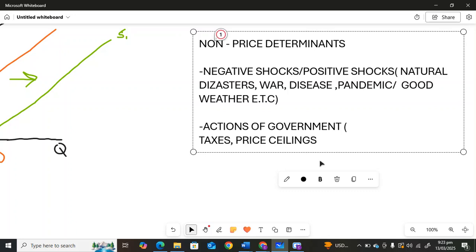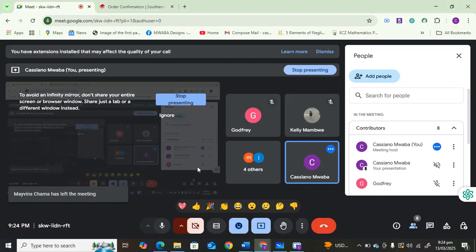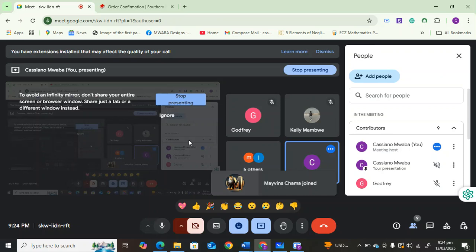Even a price floor. The price ceiling will reduce supply. If a price ceiling will reduce supply, what will the price floor do? Mr. Kelly?